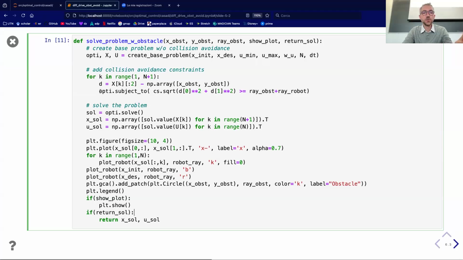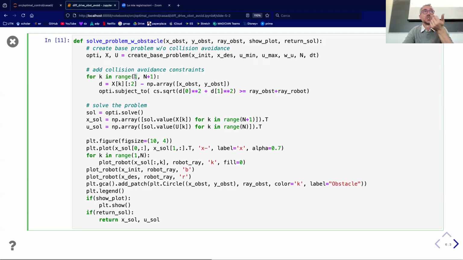Just a quick note. I didn't impose this inequality constraint on the initial state. So I decided to start from time step equal to 1. Why? I'm assuming that I'm not colliding with the obstacle in the first place. And even if I was colliding with the obstacle in the initial state, can the solver do anything about it?